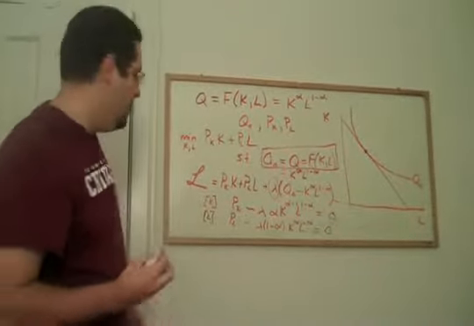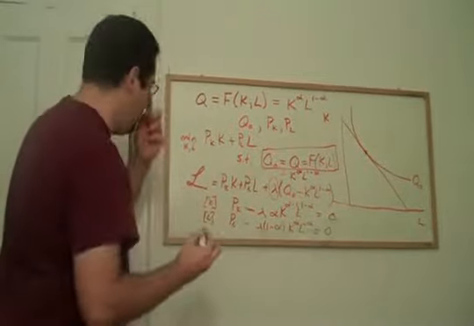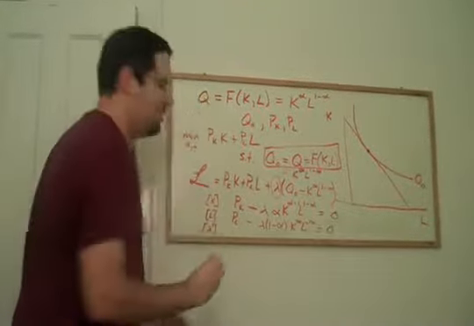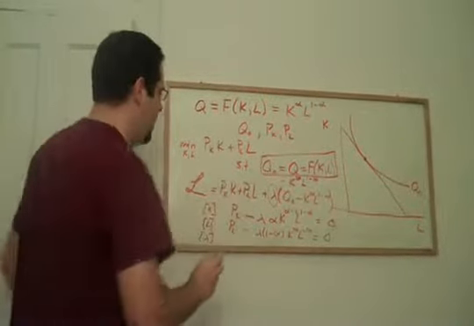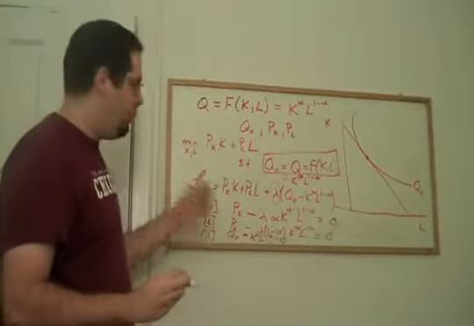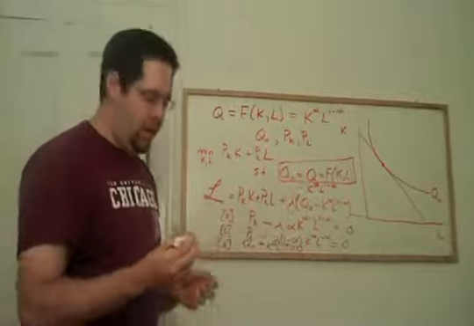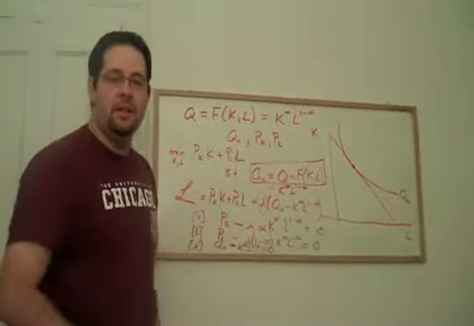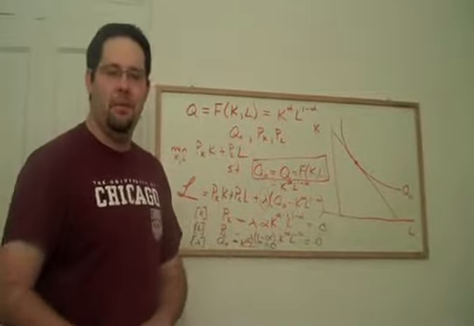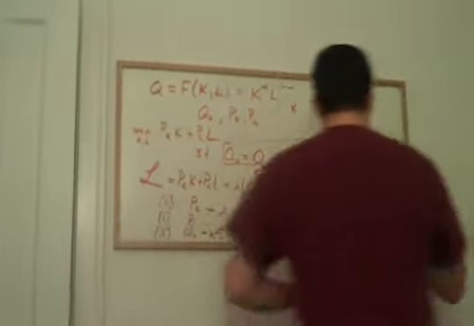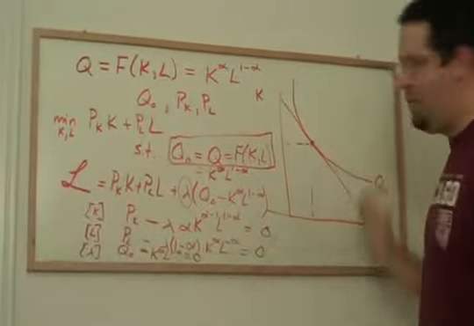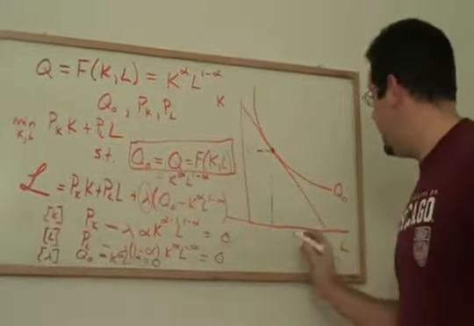This will give us some critical points. In fact, we're not done. We also take the derivative with respect to the new Lagrange multiplier, this lambda character here. So there are 3 equations and 3 unknowns. When we solve for that, that will give us the cost minimizing input bundle. That will give us the location of this tangency between an isocost and an isoquant.